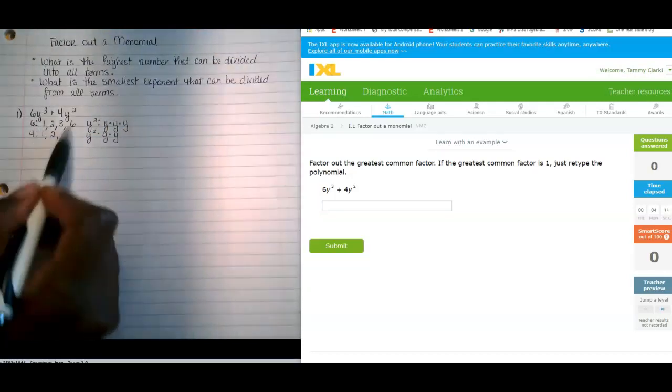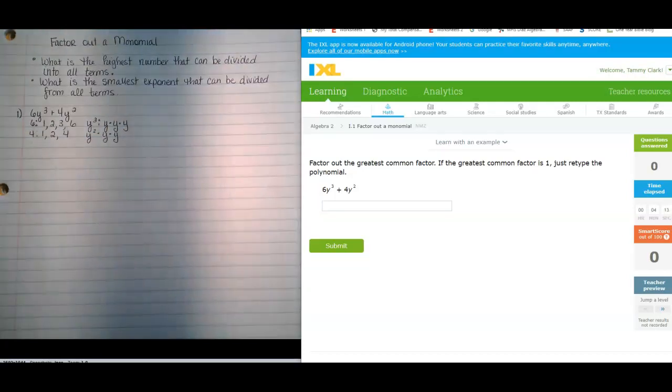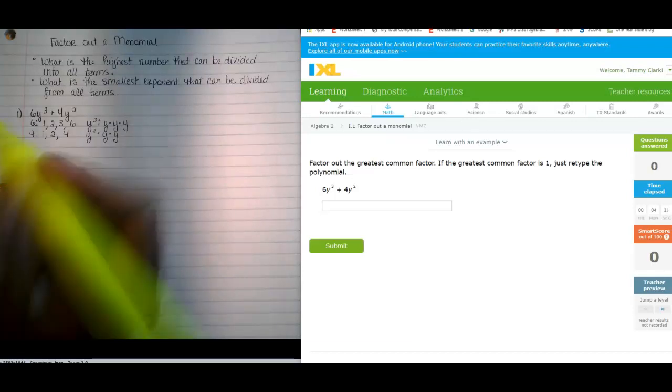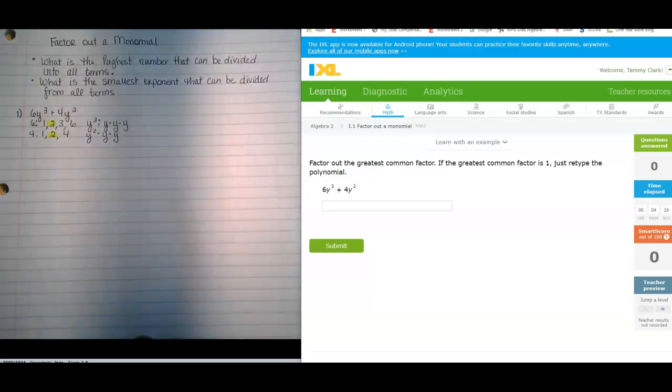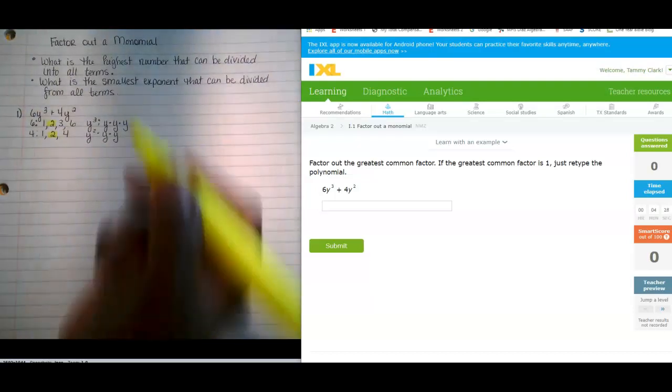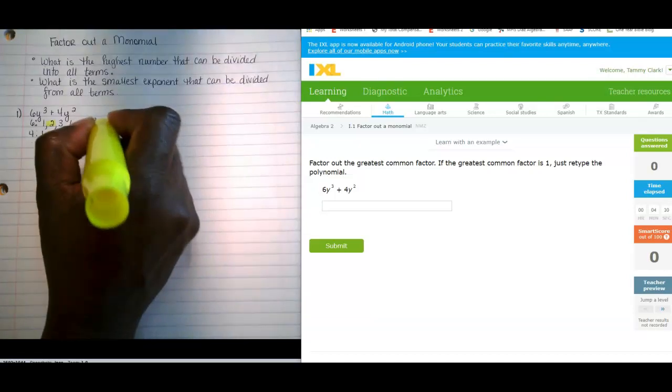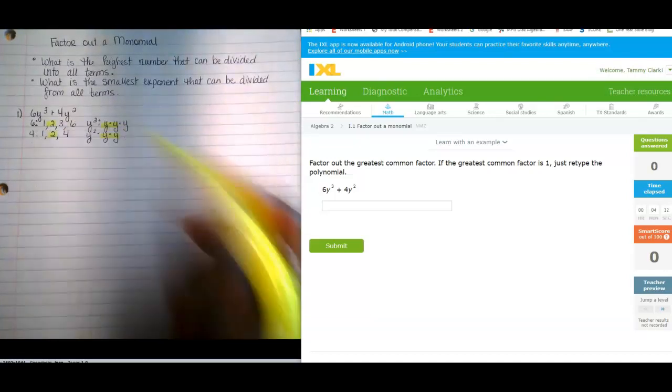So here, what we want is the largest number that both terms have in common. So the largest number is 2. That would be the greatest common factor. And the smallest number of y's they have in common is 2.